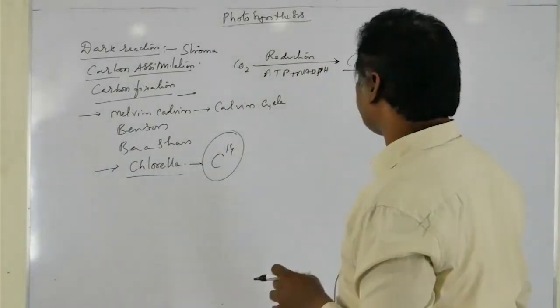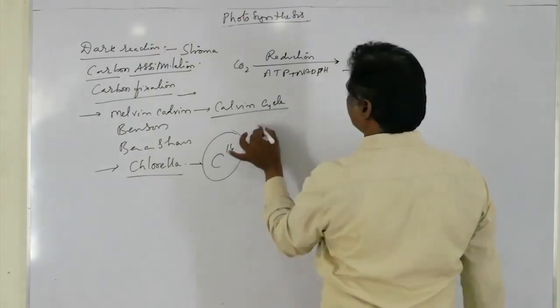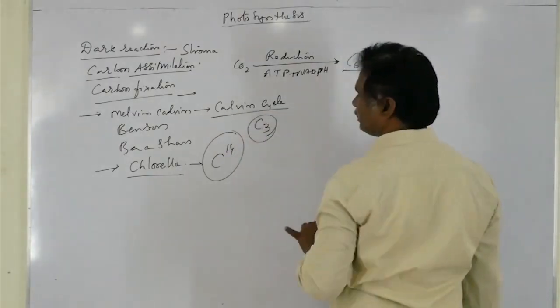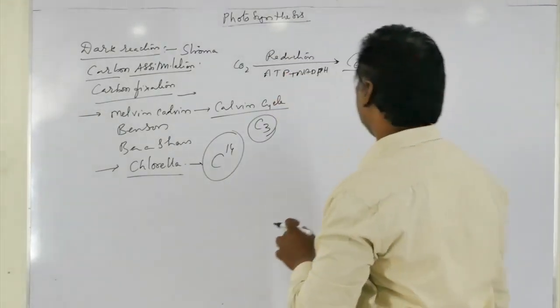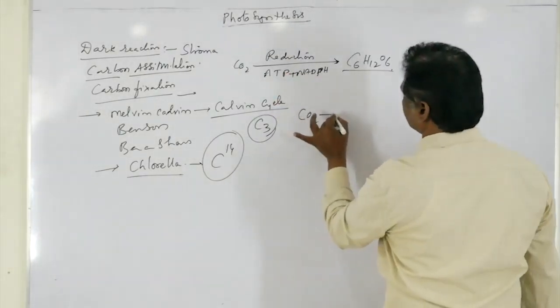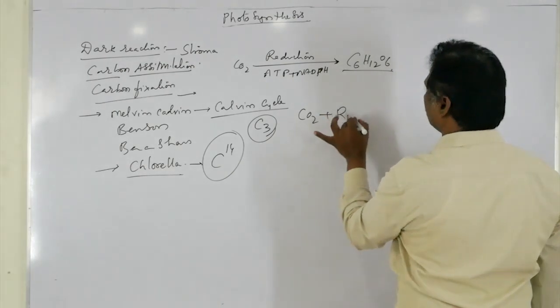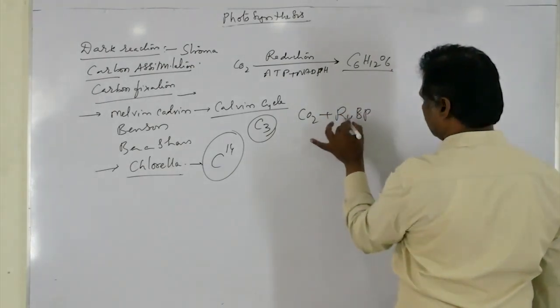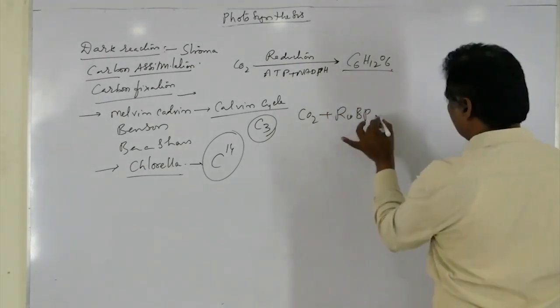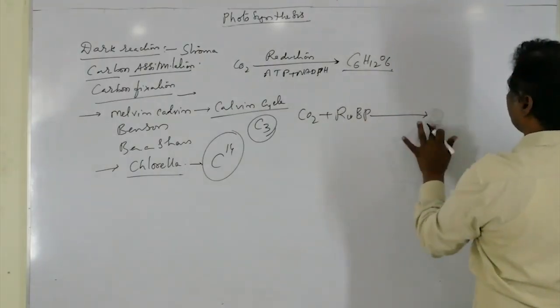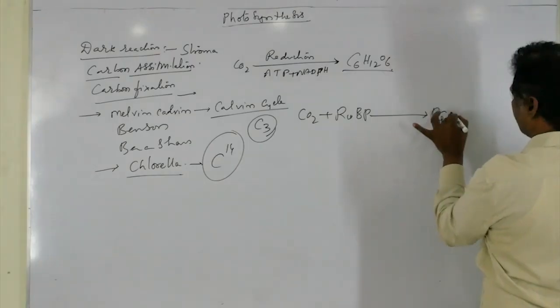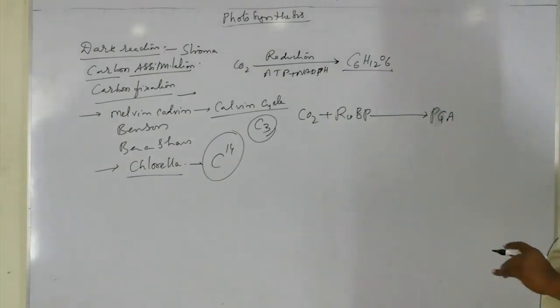The Calvin cycle is also called the C3 cycle. How can you say that? The first step in the Calvin cycle is that carbon dioxide is accepted by a five-carbon compound called RuBP to form phosphoglyceric acid.